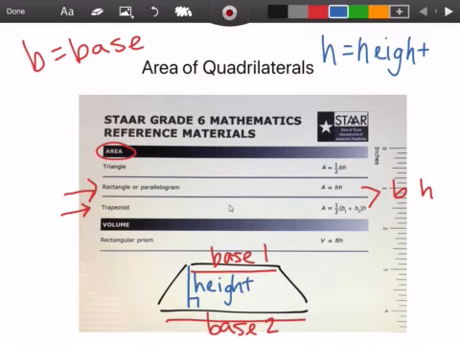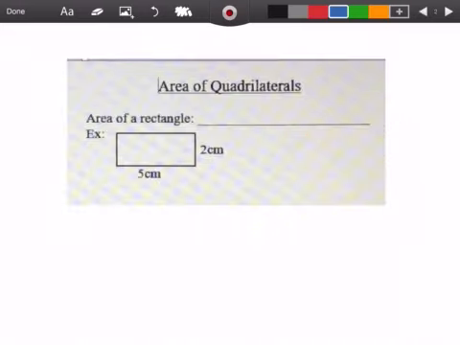All right, so now we're going to do 3 examples, and you're going to fill in the formulas and do the example in your notes as well. So the area of a rectangle, we have the area equals the base times the height, BH. In this figure, the base is 5 centimeters and the height is 2 centimeters.